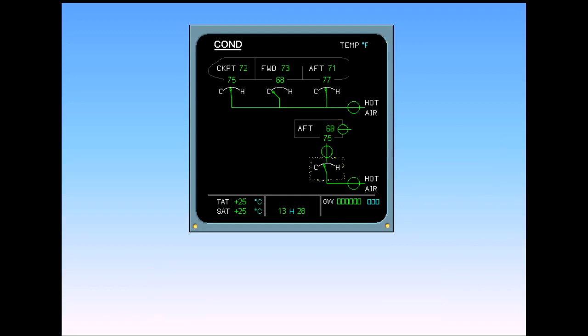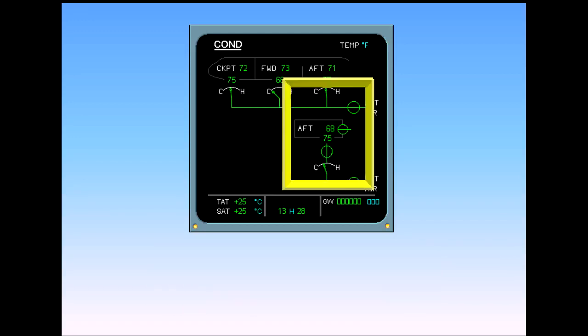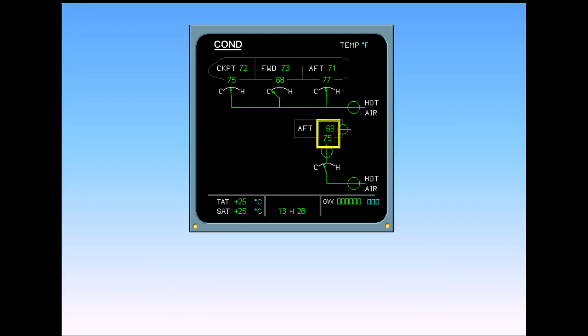The trim air valve is identical in operation to the trim air valves for cabin conditioning. It is used to add or subtract hot air. Duct temperature and cargo compartment temperatures are shown on the ECAM page.